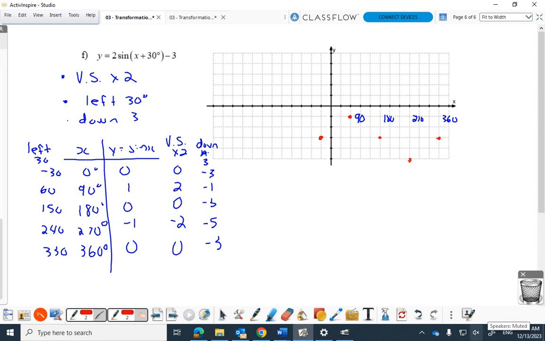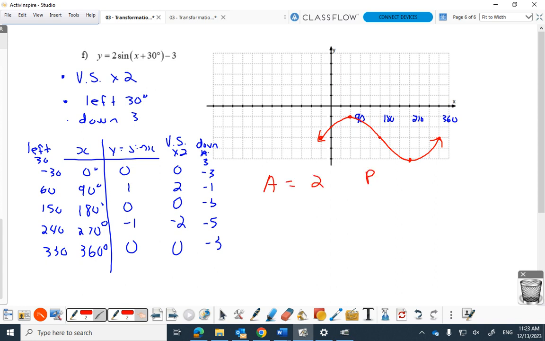And sometimes while you're doing it, it seems like something's out of whack, like it's not lining up right. But usually by the time you get all 5 points, you're like, oh, I see it now. And I'll put the arrows on. And I'll answer all the questions. Amplitude, 2.